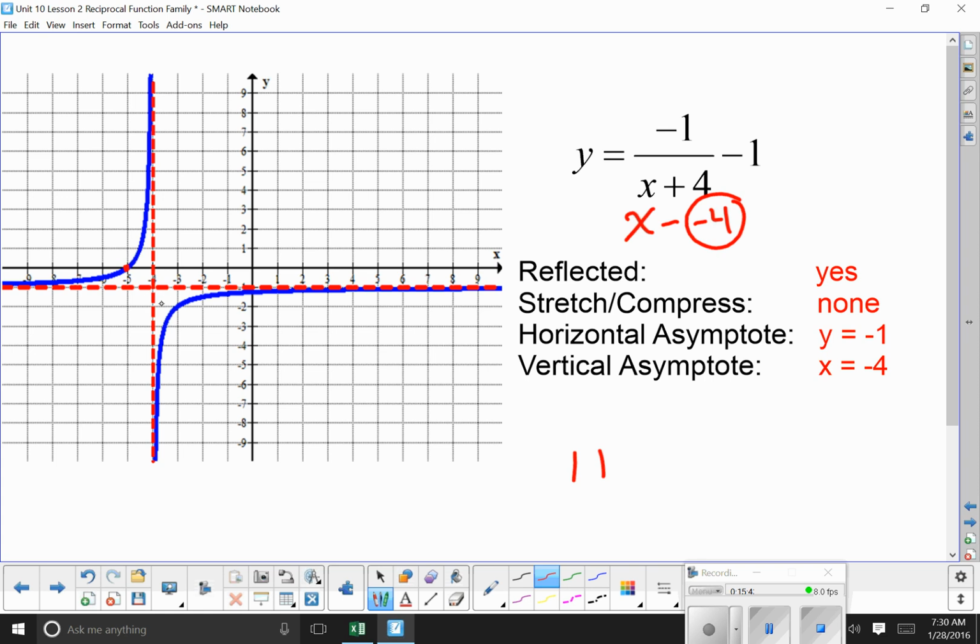Here, right 1, down 1. When there's no stretch or compress, that's the corner of the curve. So if you go over 2, you're at 1/2. If you go over 1/2, you're at 2. And from there, you can just get closer and closer to the horizontal and the vertical lines.